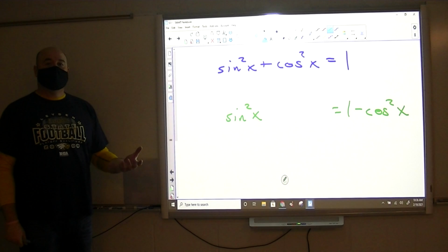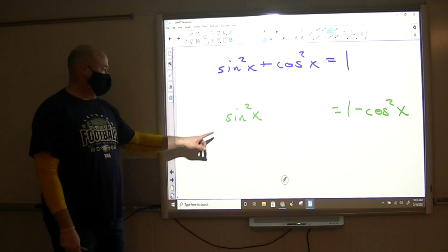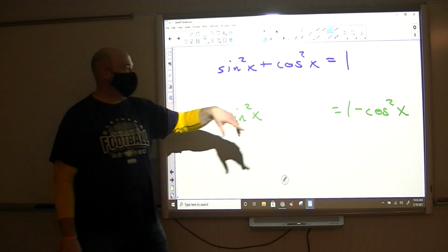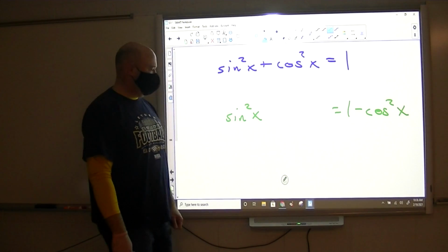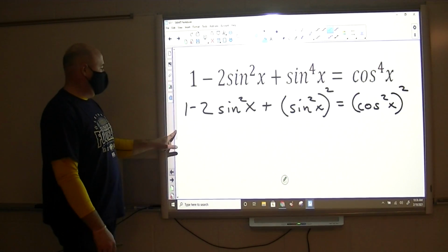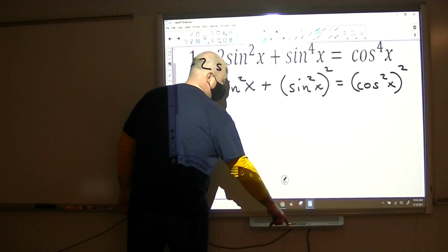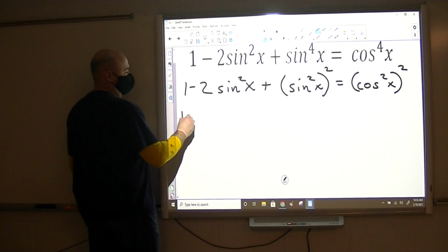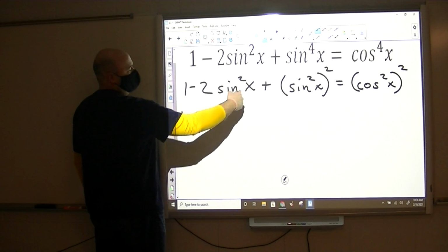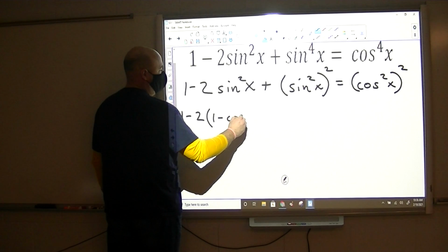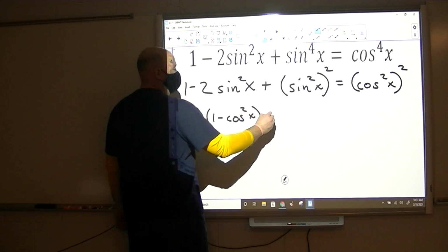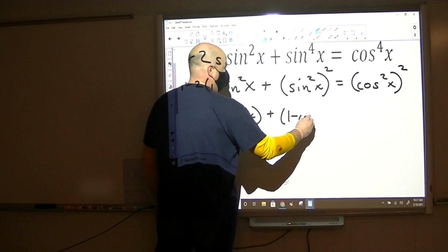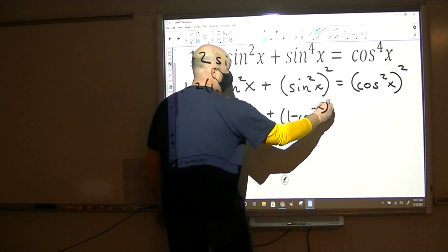So I could take out all the sine squared x's and put these in their place. Now it's going to get worse before it gets better. 1 minus 2, replace this with 1 minus cosine squared x, plus 1 minus cosine squared x squared.